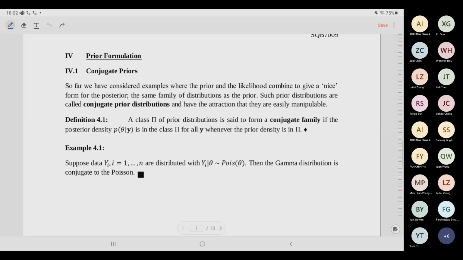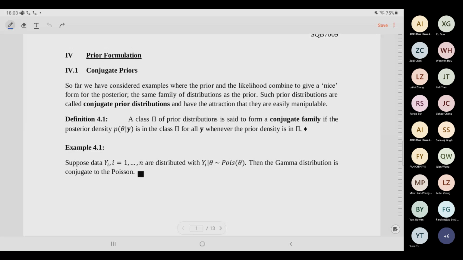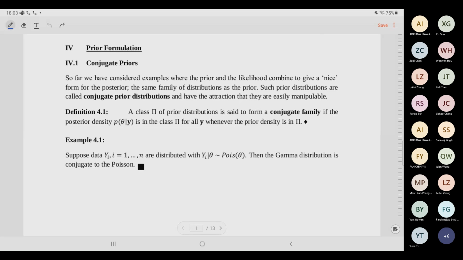Okay, and if you've seen the examples in the previous chapters, we have examples where the prior and the likelihood are combined, and we get a nice posterior, which is a known distribution. Usually the posterior will have the same family of distribution as the prior, and these are called conjugate priors, right?